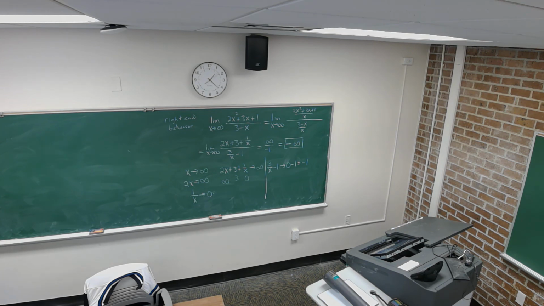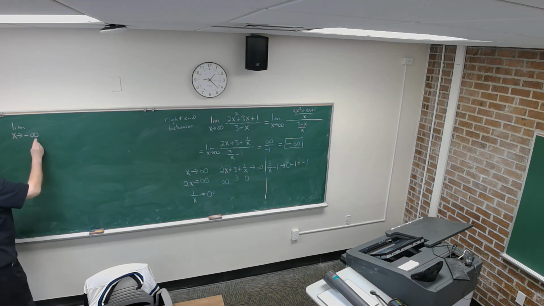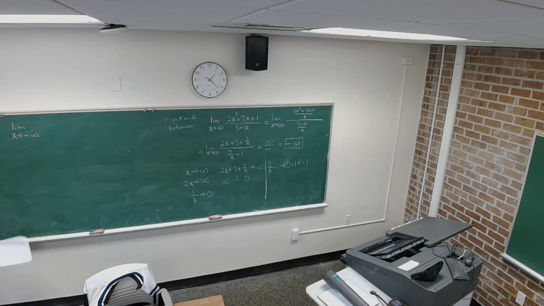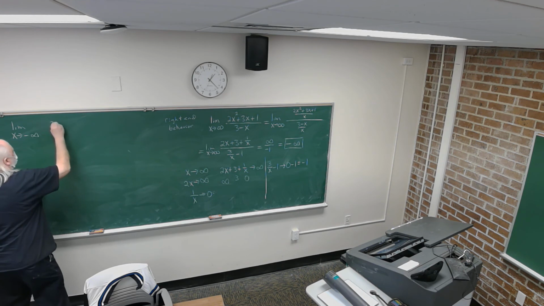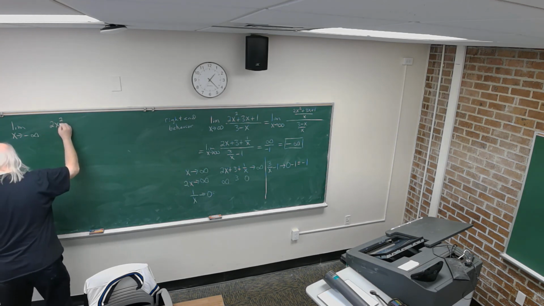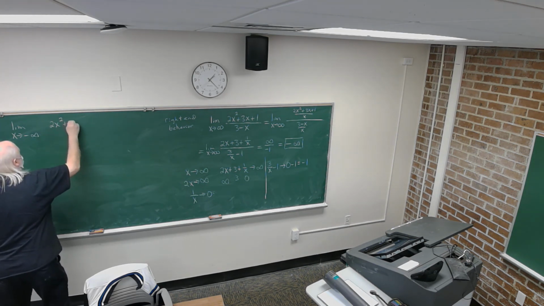Okay. So now we're going to do the limit as x approaches minus infinity, or as x decreases without bound. So this is left end behavior. And so we have the same rational function. 2x squared plus 3x.